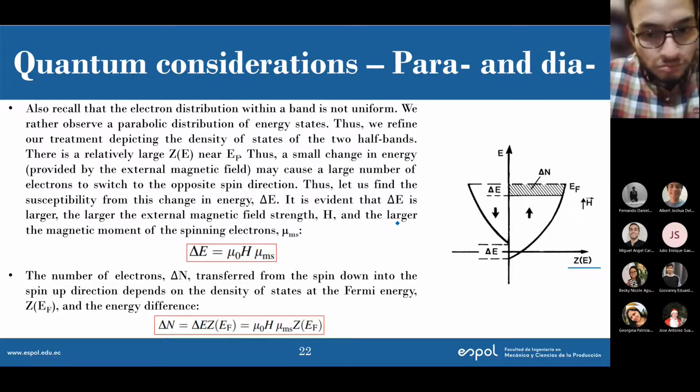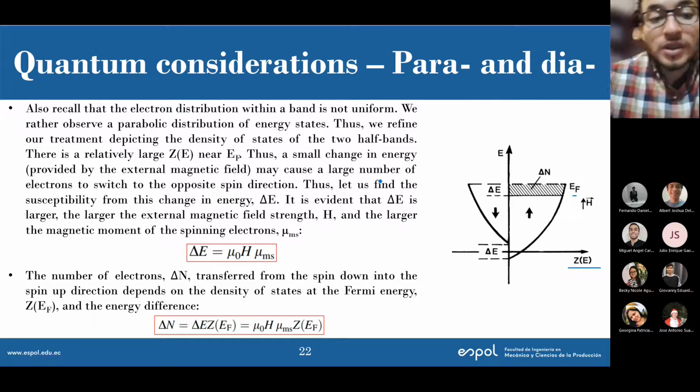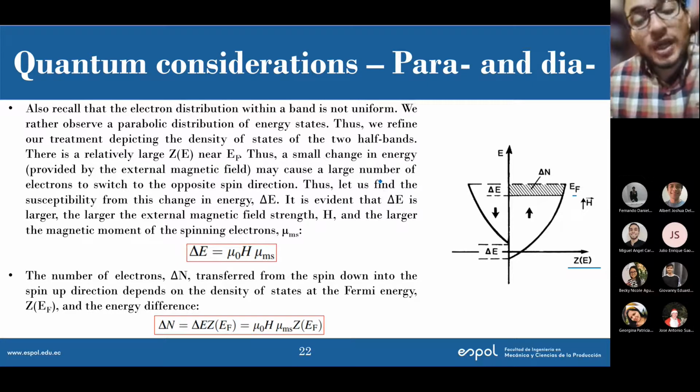And you might remember that when I'm close to the Fermi energy, or around the Fermi energy, I actually have a very large population density, right?